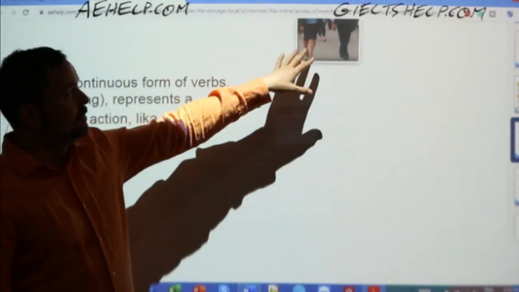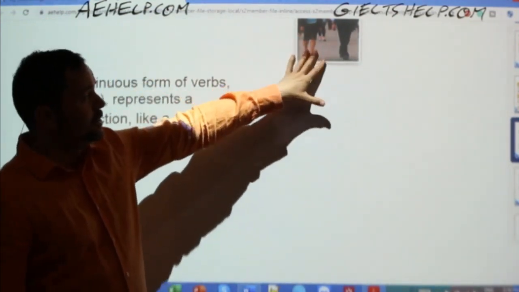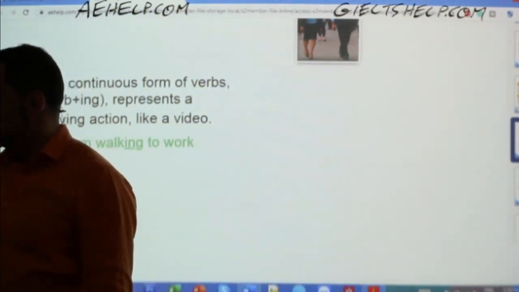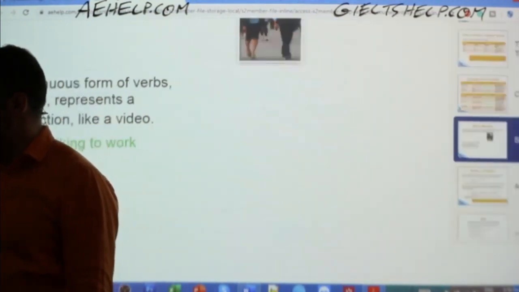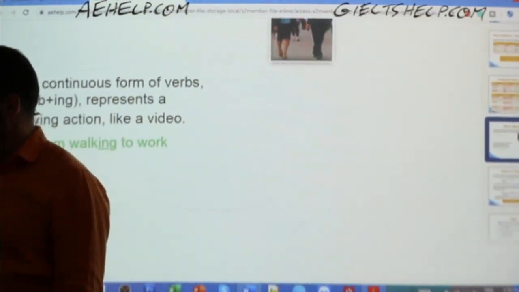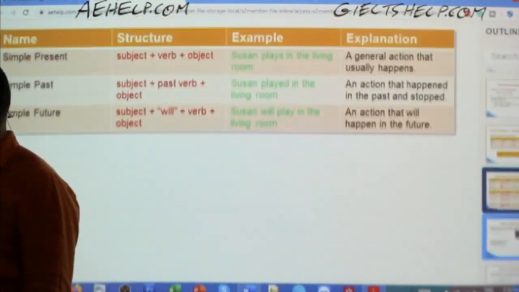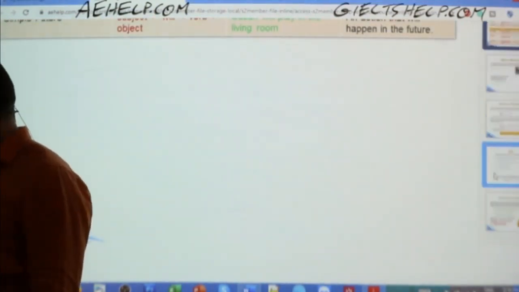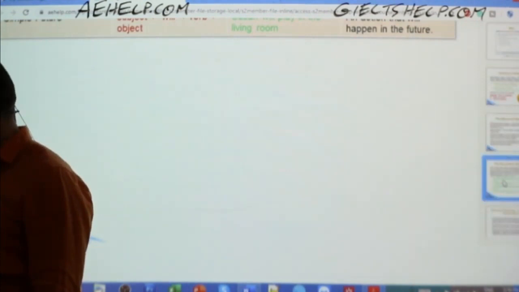With the simple form, you're basically showing a picture to your listener, whereas with the progressive form, I'm walking to work, you're basically showing a video, a continuous motion to your listener. Okay? And then it's a little bit tricky for me here to navigate this for these live classes, but I'll go all the way to what some of you were asking.